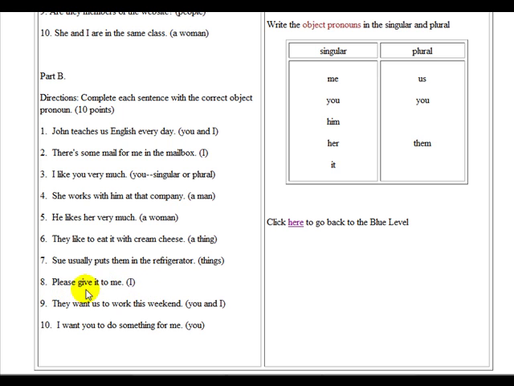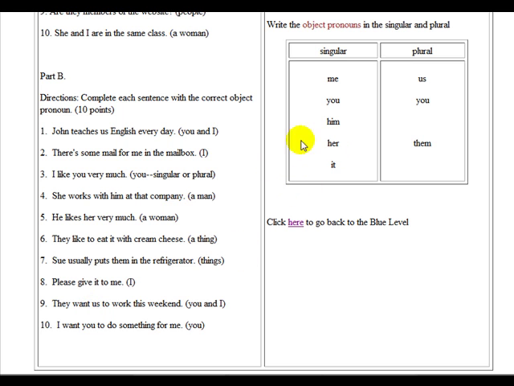And please give it to me, and we're saying give it to me, which is the I form. And they want us to work this weekend. It's you and I, and use the plural form of us, you and I.